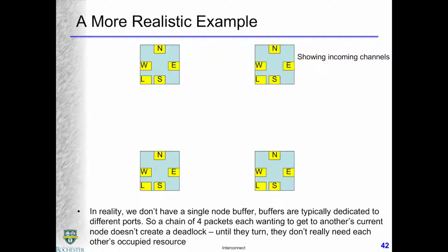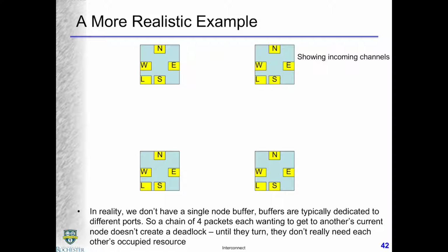How does this happen? Let me give you a more realistic example. Here, I'm not drawing everything. I'm drawing 4 nodes and the incoming buffers, only the incoming buffers.